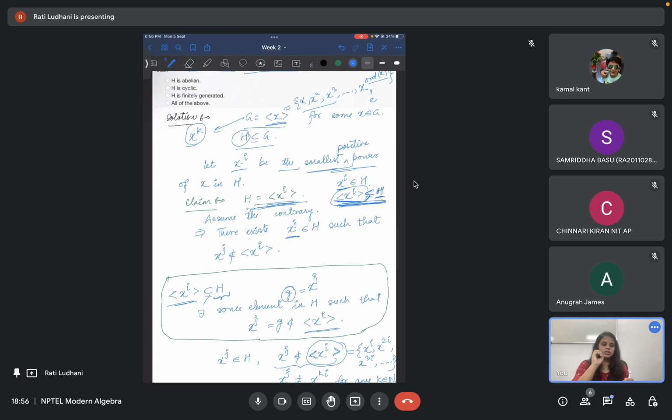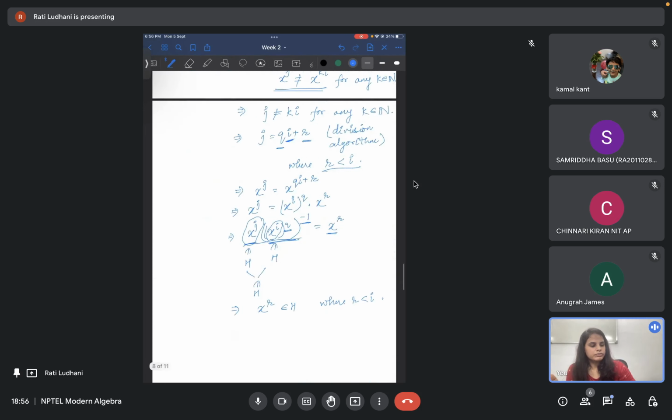You have picked the smallest power of x from H, and then you are saying that element generates the group H. Now x raised to power r belongs to H, and r is strictly less than I, but you have taken I to be the smallest in this case.